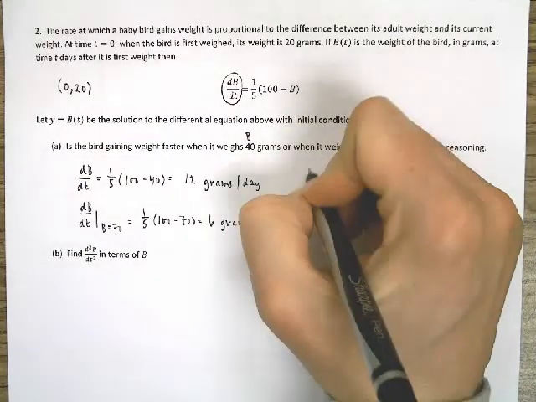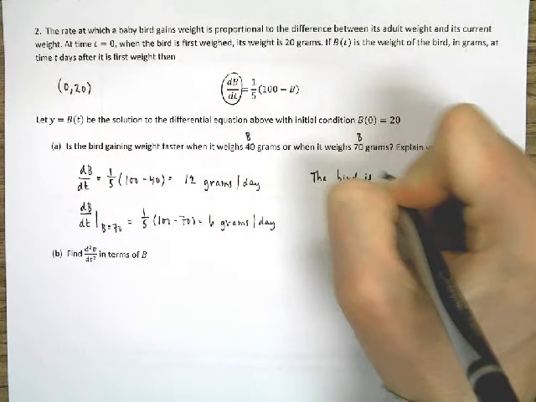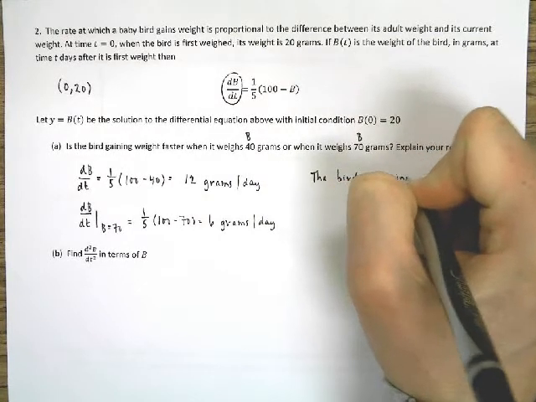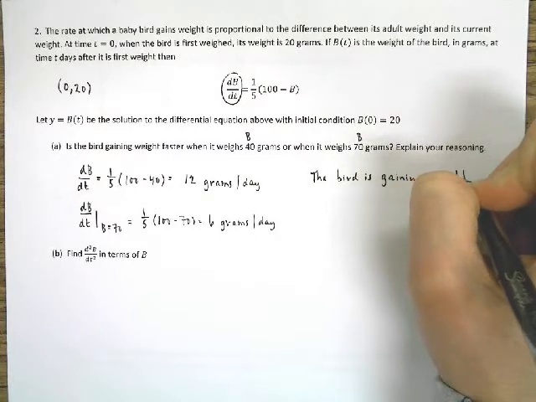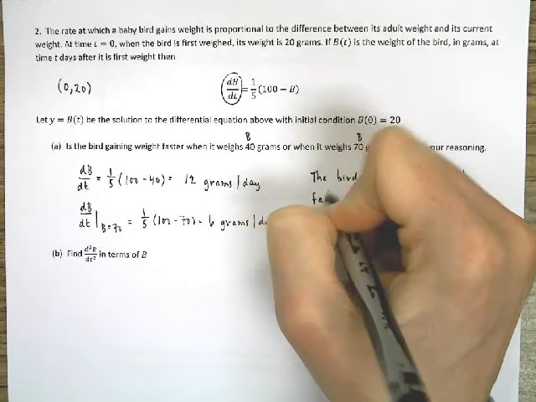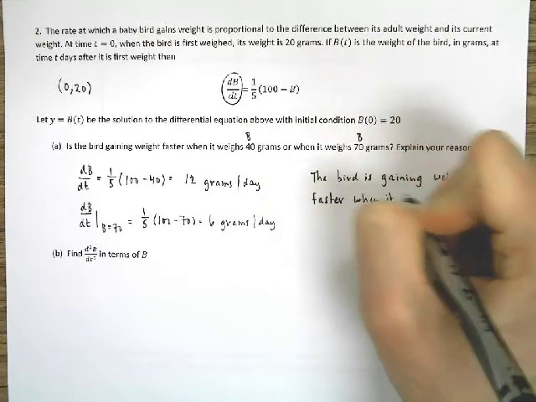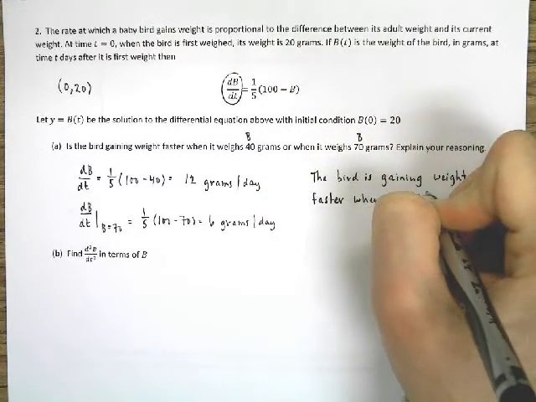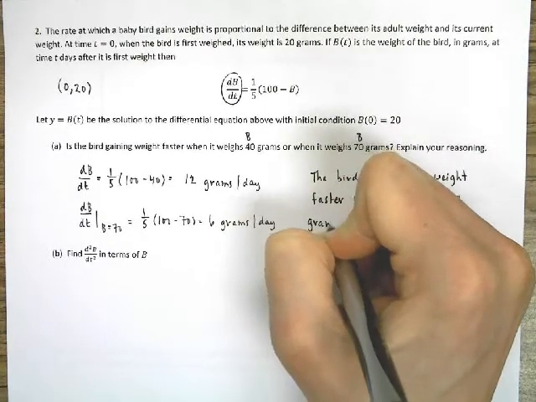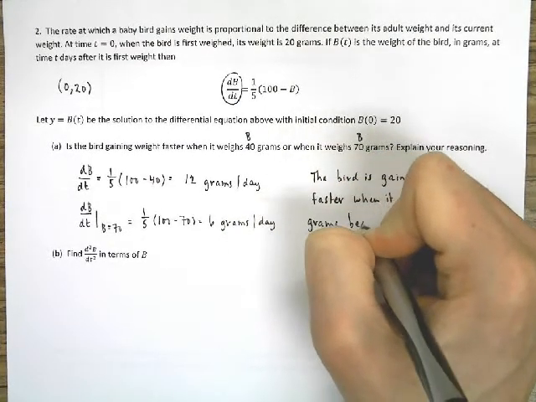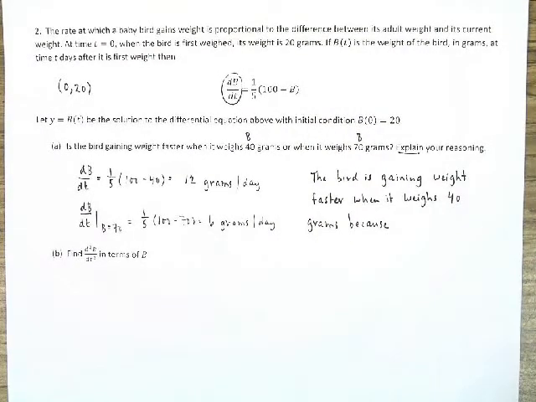So we can say the bird is gaining weight faster when it weighs 40 grams, because, right, they're asking us to explain, so we don't want to miss the points for that.